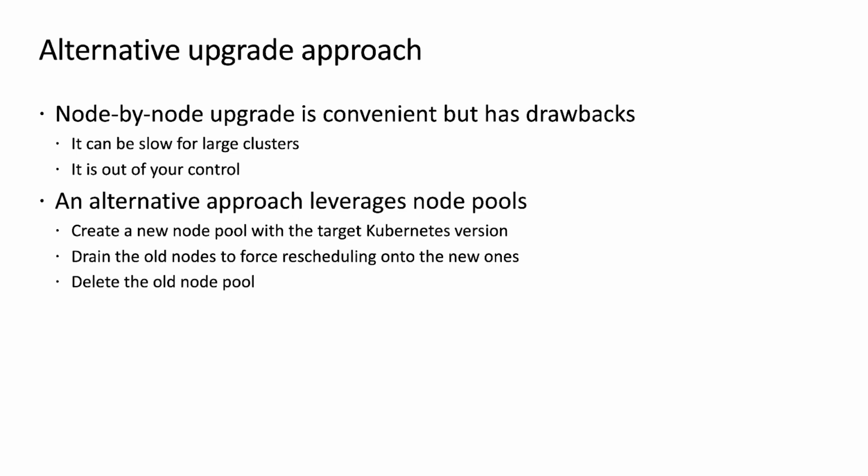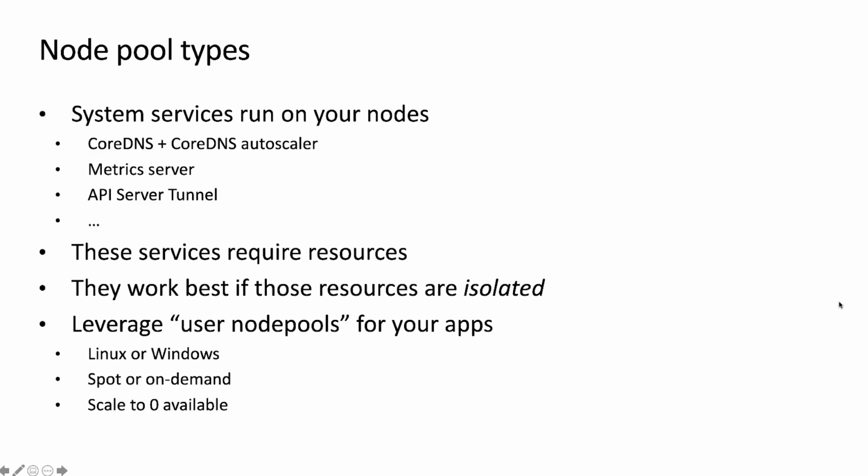So at a high level, it is effectively following the same process the built-in experience does, but you're able to create all of the new nodes as a single operation, and then control the ordering and the timing of draining of the old ones. So you could drain a handful of nodes, get the pods rescheduled onto the new nodes, make sure that everything's running correctly, and then continue with the process, as opposed to having completely outsourced that to the service.